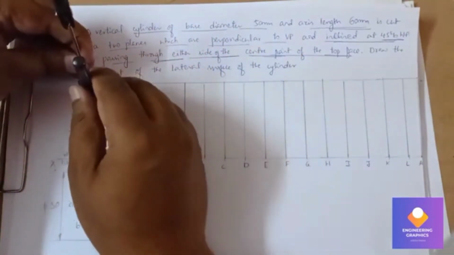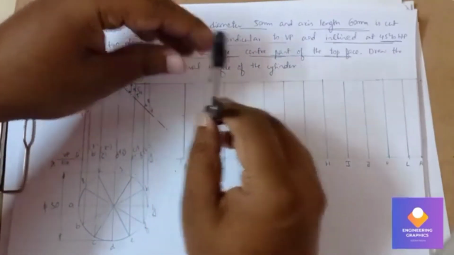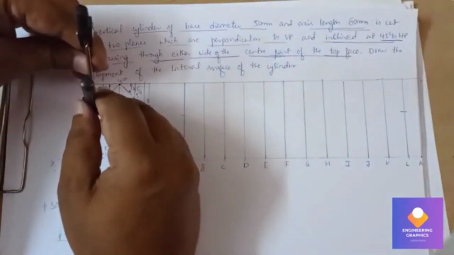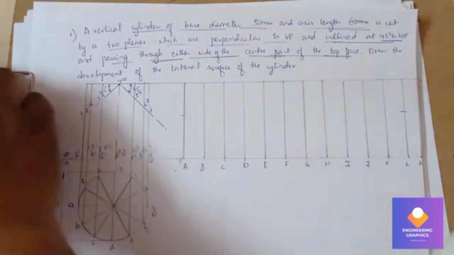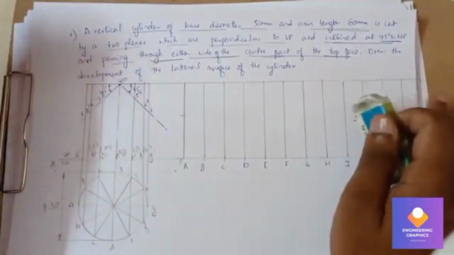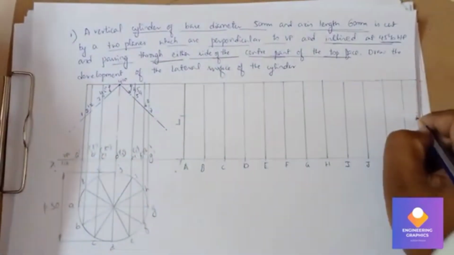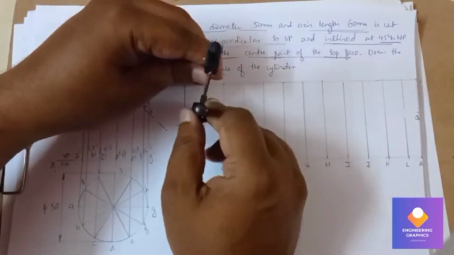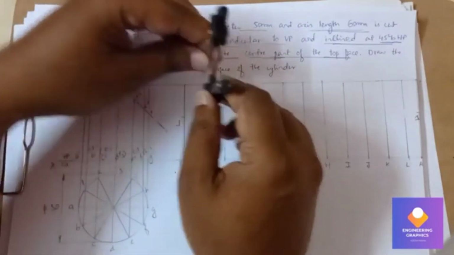We should measure all those 1, 2, 3, 4 points from the compass and cut arcs on the respective vertical edges.